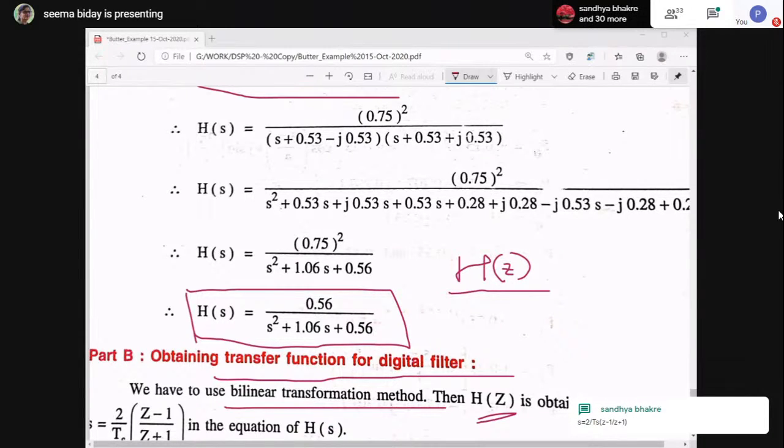Okay, Sandhya, the procedure is okay. Now you determine H of z. Substitute s equal to 2 by T, z minus 1 divided by z plus 1, and determine H of z.